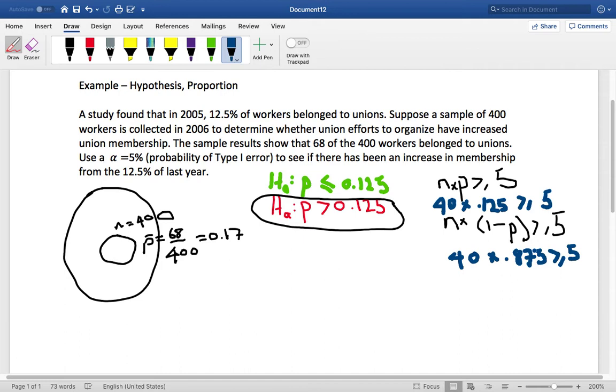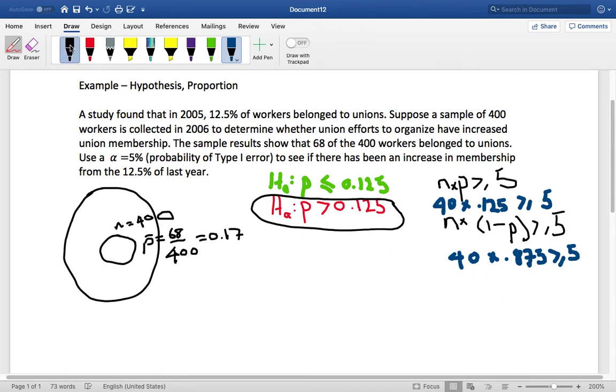In fact, 40 times 0.125 is exactly 5. And so that's good enough. It's greater than or equal to 5. And 40 times 0.875 is a lot greater than 5. It comes to 35. So the first one comes to 5, which is greater than or equal to 5. The second one comes to 35, which again is greater than or equal to 5.